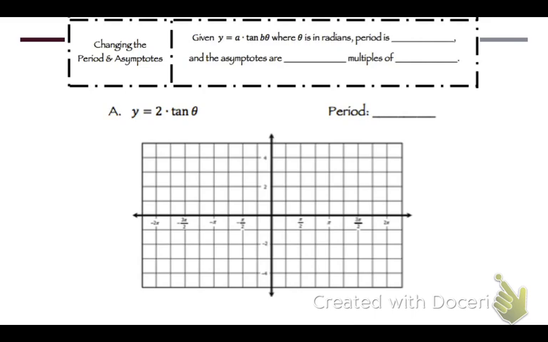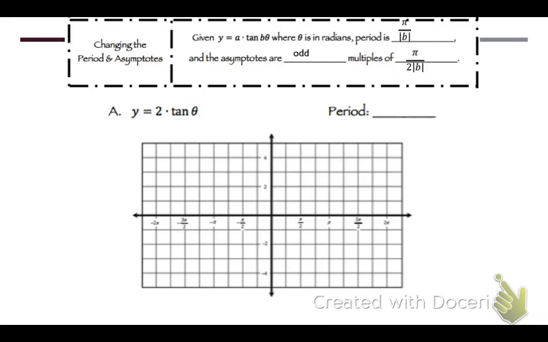So given y equals a tangent of b theta, the period is pi over the absolute value of b, and the asymptotes are odd multiples of pi over 2b, which is the same thing as the period divided by 2. Same exact thing.